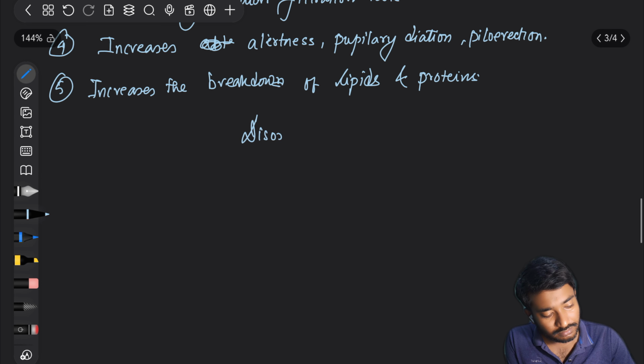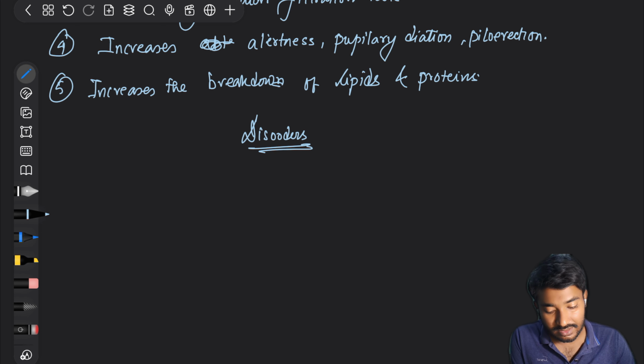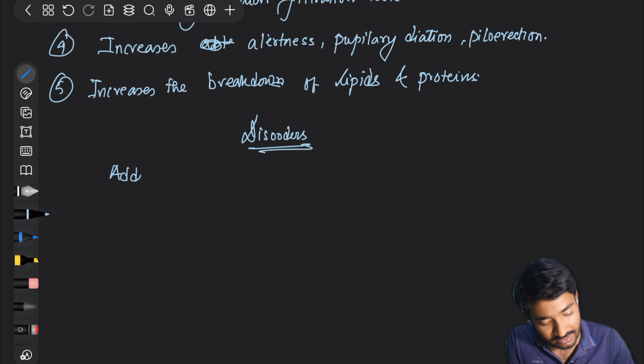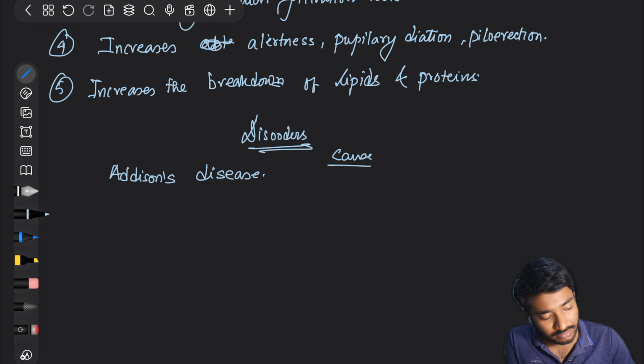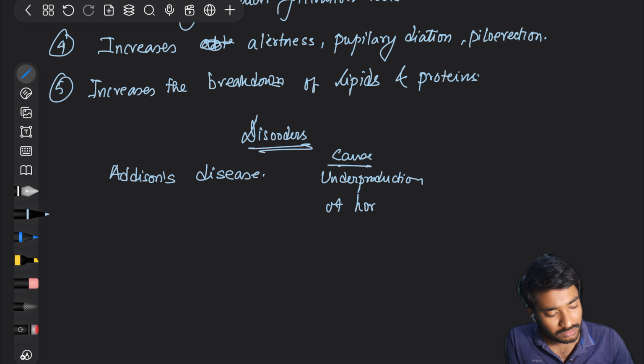Disorders: Addison's disease, caused by underproduction of hormones of the adrenal cortex.